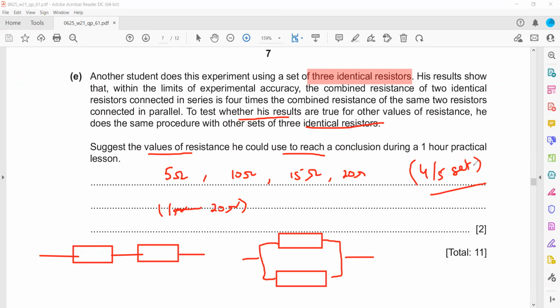So he should have about 4 to 5 sets of different resistors, and he can test his theory that when resistors are connected in series, their resistance is more as compared to resistors connected in parallel. You don't have to prove his theory, you just have to mention what resistance the student can select and how many sets he can choose.